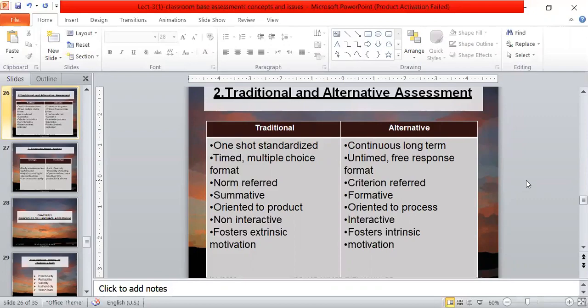Traditional style of assessment is norm referenced, whereas alternative assessment style is criterion referenced.